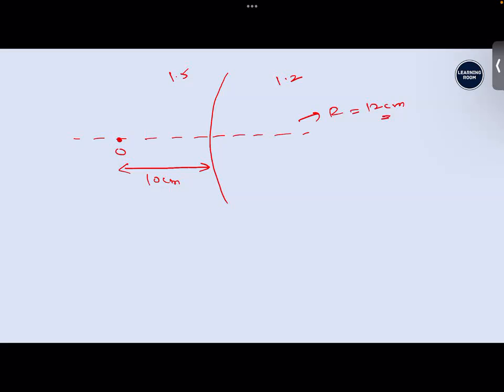Find where the image is formed and complete the ray diagram. So find out which is mu2, which is mu1.